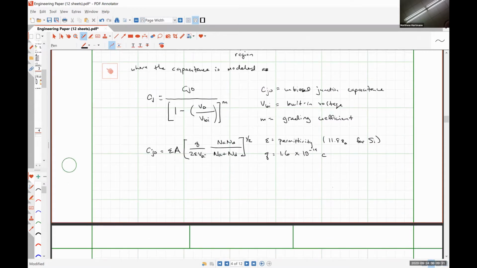Lastly, we have the equation for our built-in voltage, where VBI is Boltzmann's constant, KB, multiplied by the temperature, divided by the charge, multiplied by the natural log of the product of the impurity concentrations divided by the intrinsic electron concentration squared.